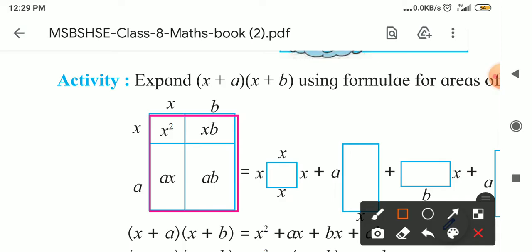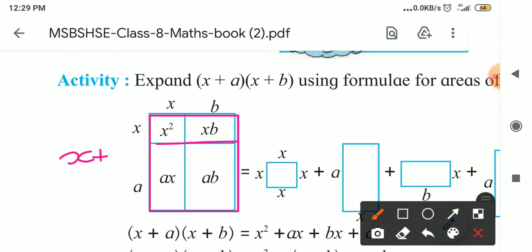If you see here, you will notice that x is here and a is here, so the total length is x plus a. And the breadth we have taken here is x plus b, so the breadth is equal to x plus b. What we have done is separate this rectangle using two lines.